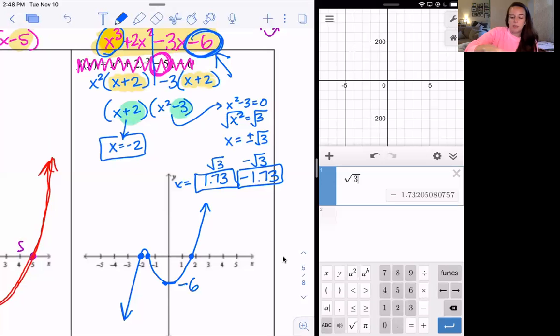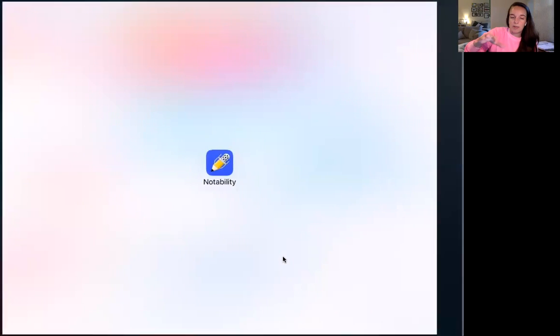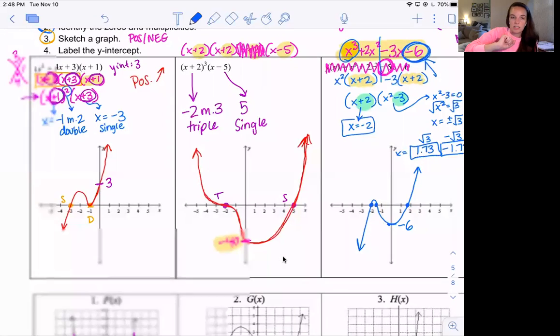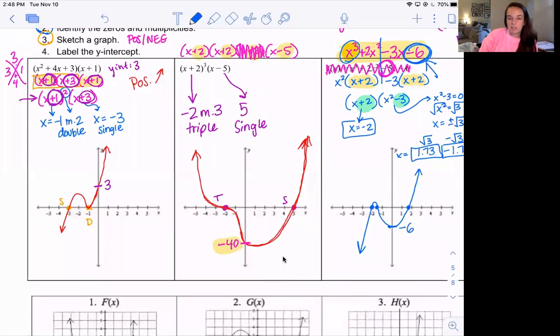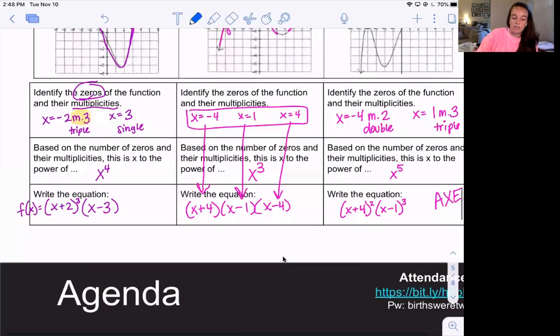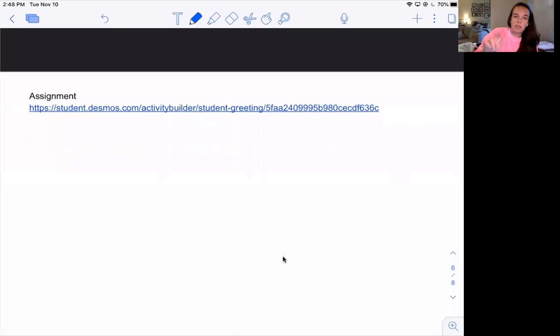All right, team. Just in time, we've made it to the end of our notes today. You guys did an amazing job answering and asking questions. Really super proud of you. Your homework tonight is on Desmos. The assignment is both in Canvas and posted at the bottom of the notes.